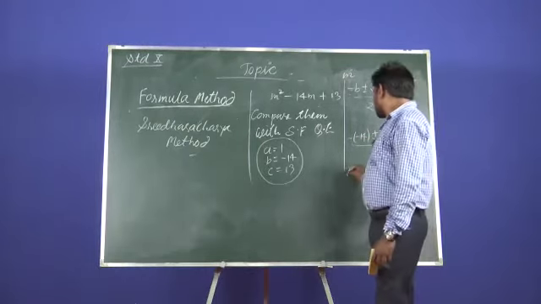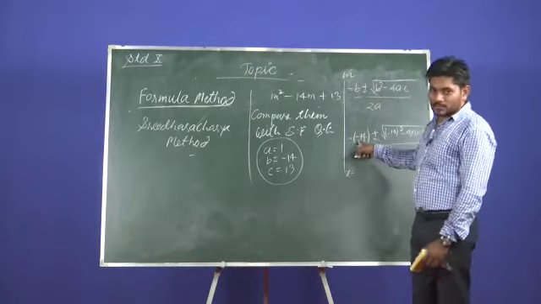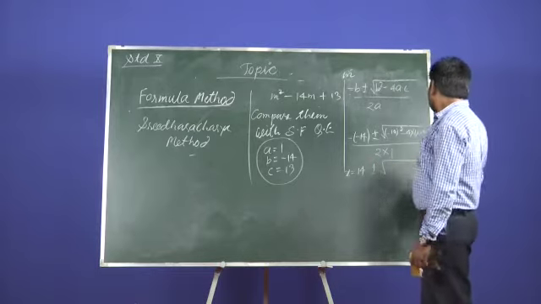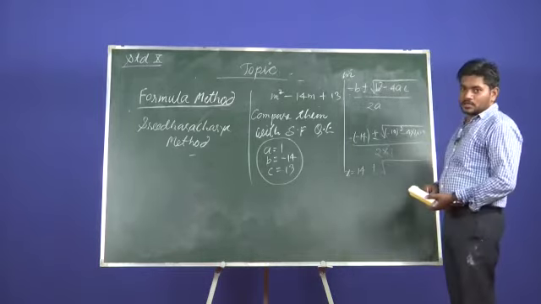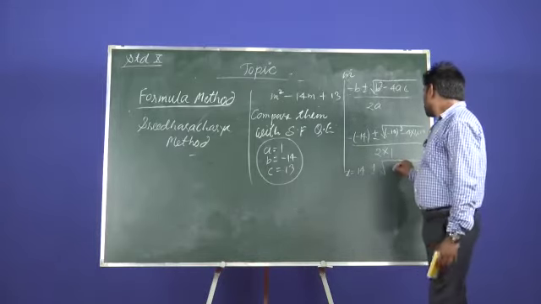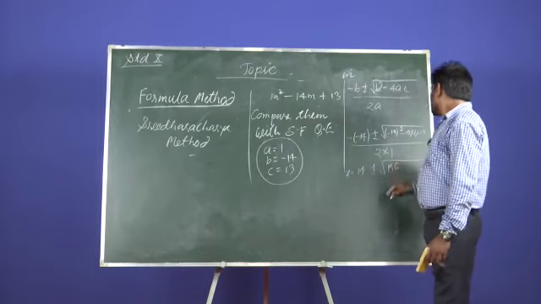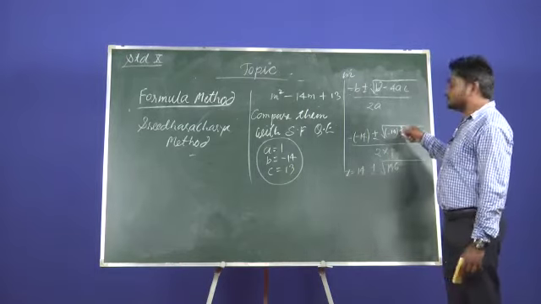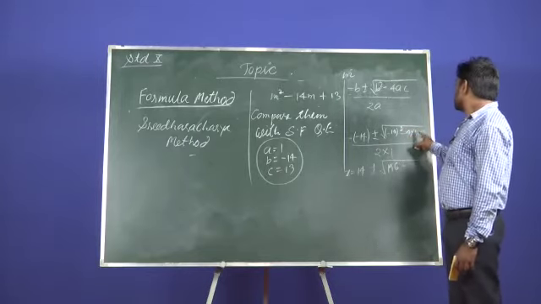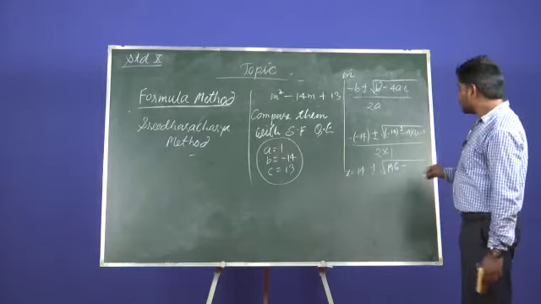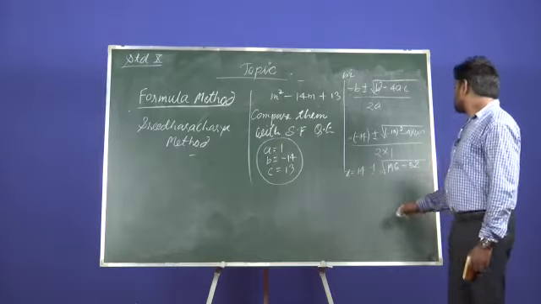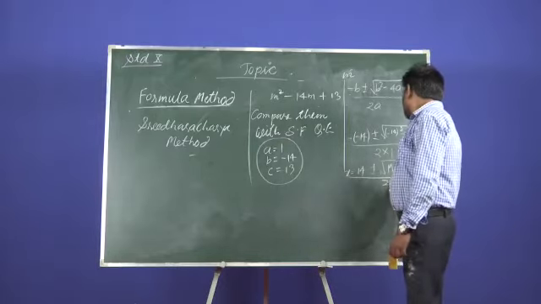So minus multiplied by minus becomes plus, so 14 plus or minus root of 196 minus 52, upon 2.